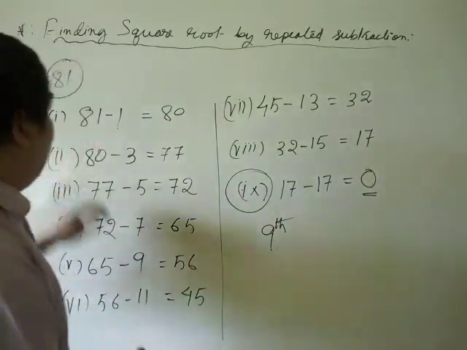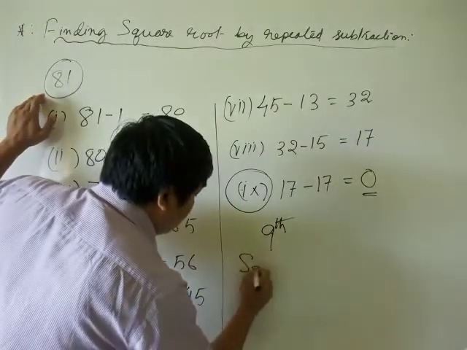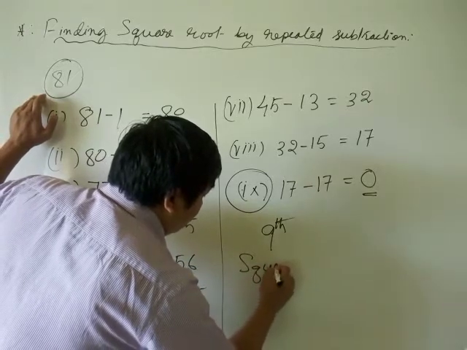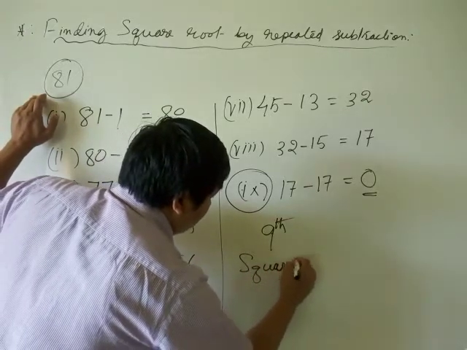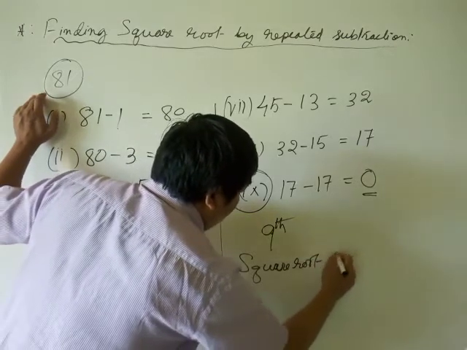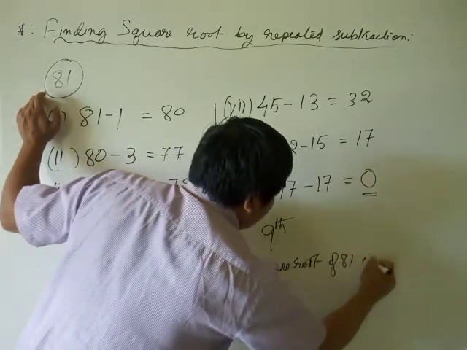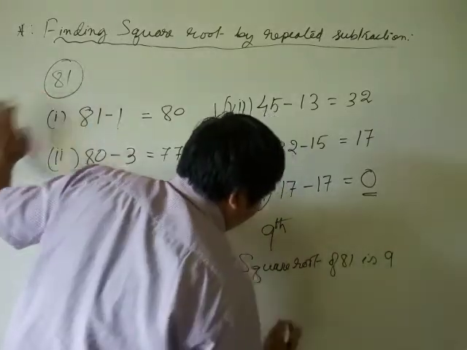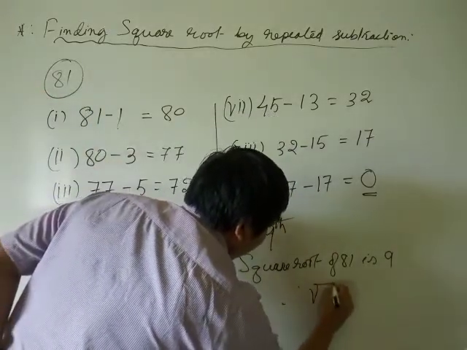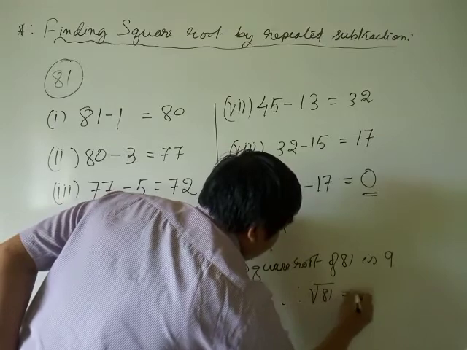So what happened? The square root of 81 is 9. It is written as root over 81 is equal to 9.